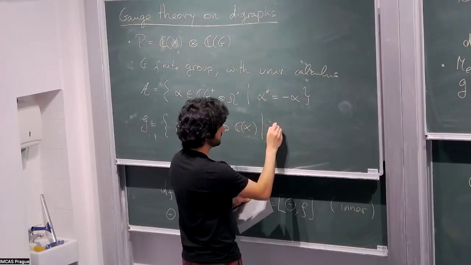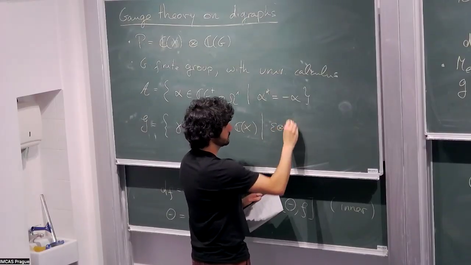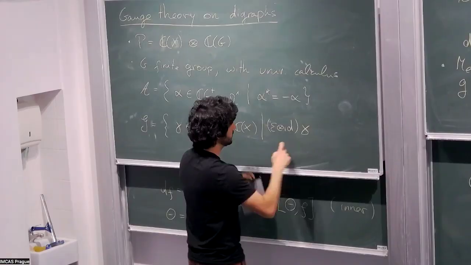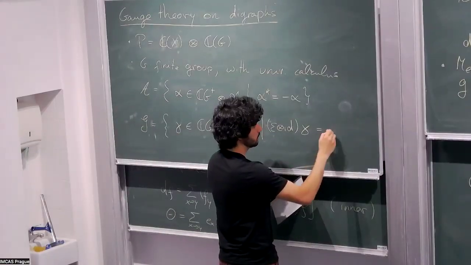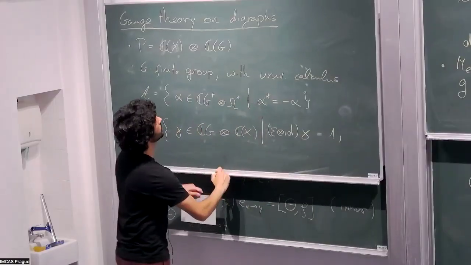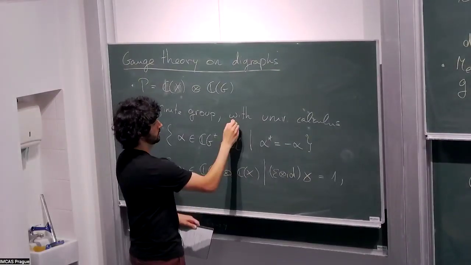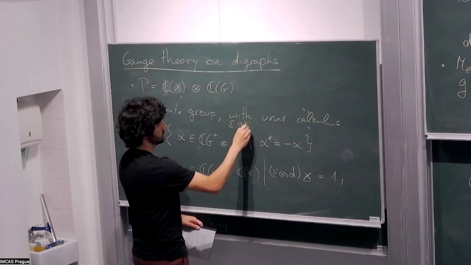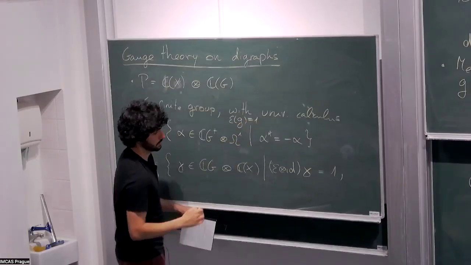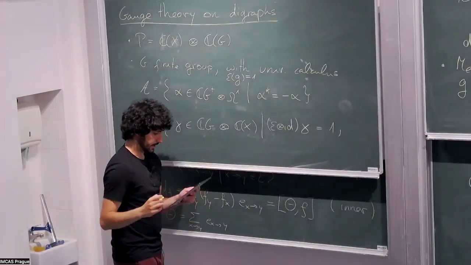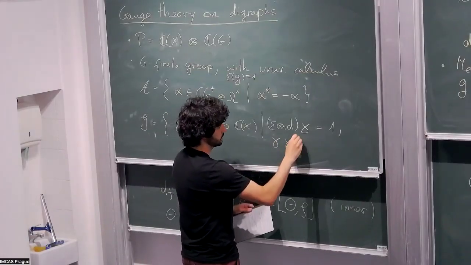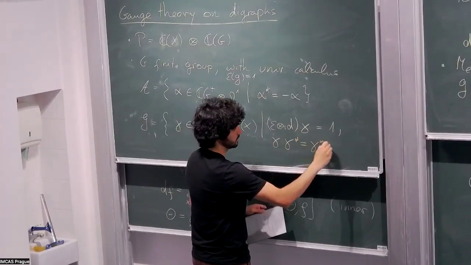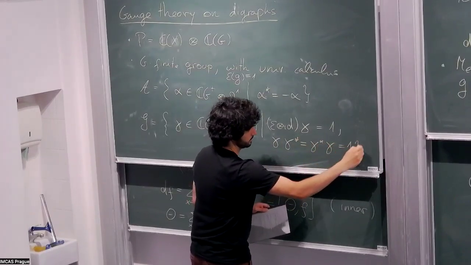And here we have some conditions, which is that if we apply the co-unit to this element, we would get 1. Here the co-unit of g is equal to 1 for an element g of the group. And then we want this to be unitary, so we impose that its inverse is just the complex conjugate.